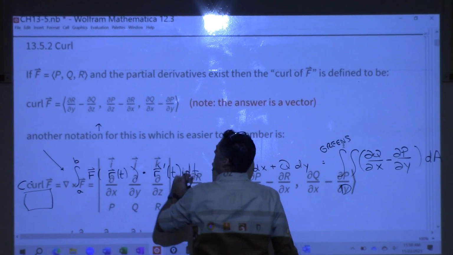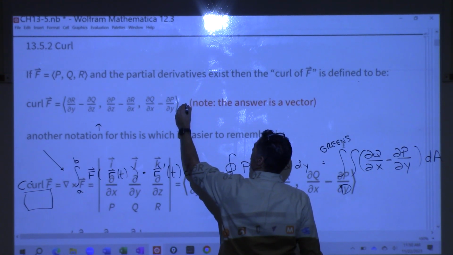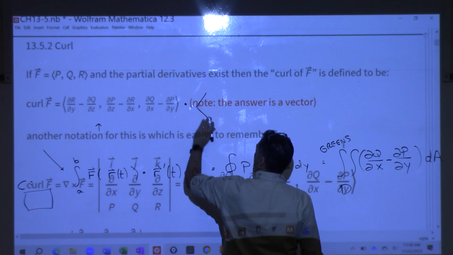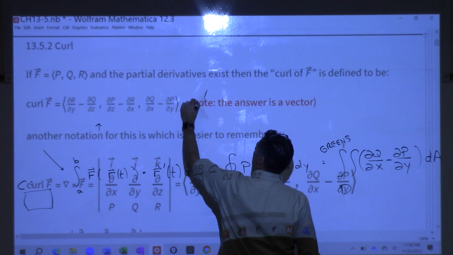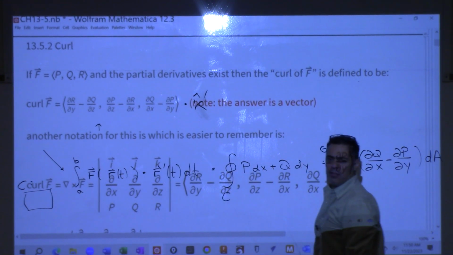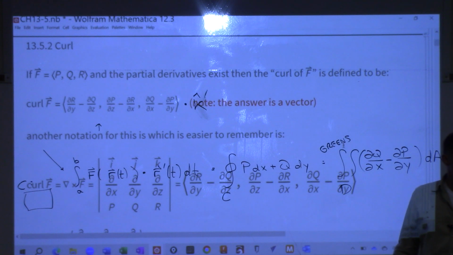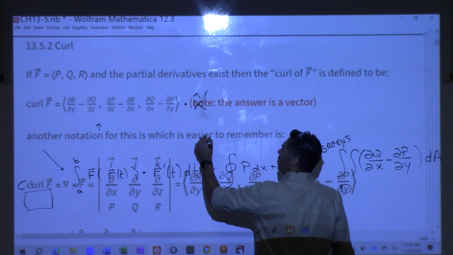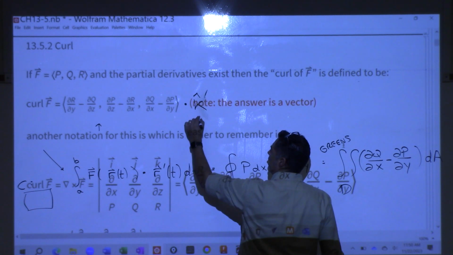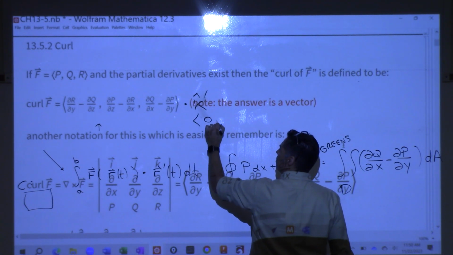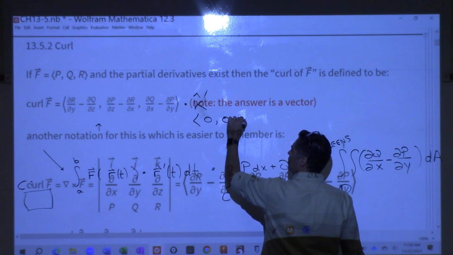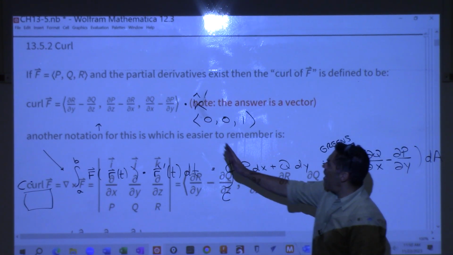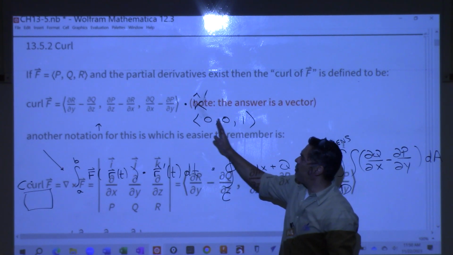If you take the curl of f and you were to dot that with, I don't want to scroll all the way down, they're asking you to dot that with k hat. What's k hat? It's a vector. What vector is it? It's not i hat, it's not j hat, k hat. What's k hat? 0, 0, 1. That's k hat, right? If I ask you to dot these two vectors together, what do you get?